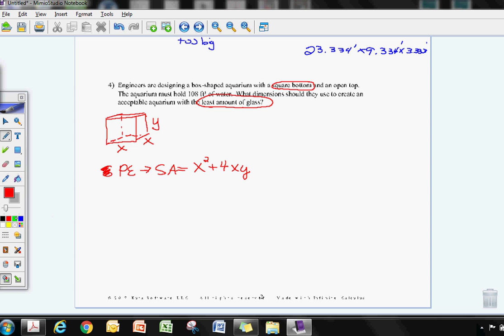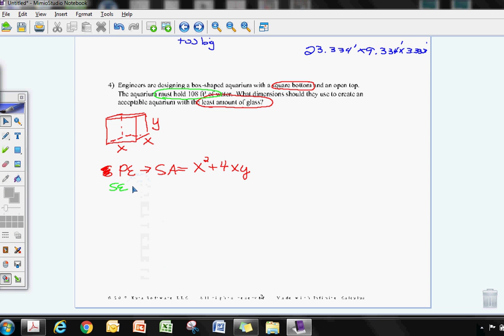So, switching to my secondary, they say that it must hold 108 feet cubed of water. So now my secondary equation is a volume.